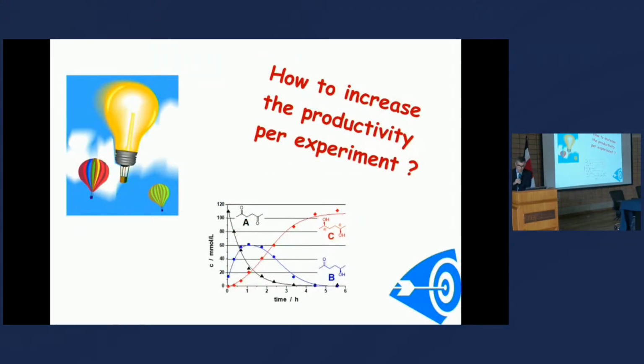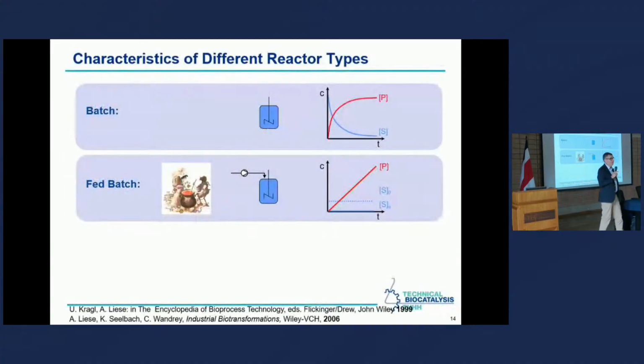So how can we increase the productivity per experiment? And there's an easy thing, what we already saw in the first picture with the witches, because they added something to the reactor. So we could run a fed batch. So the batch reaction is what we saw just before. So starting material is decreasing and product is being formed.